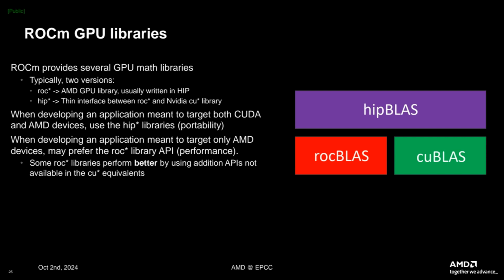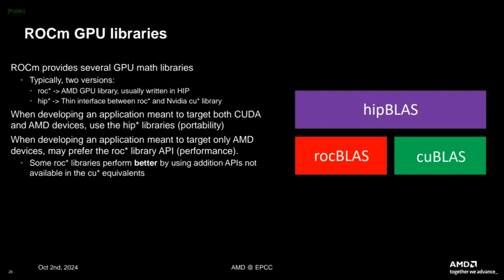So now the question is, you have the option of using HIP libraries or ROC libraries. Which one should you use? That depends on the purpose of your code in terms of where it's supposed to run.